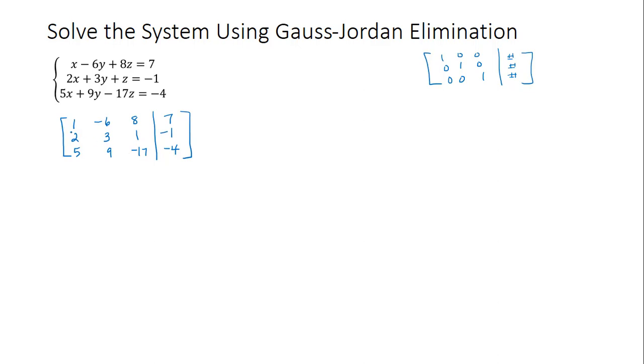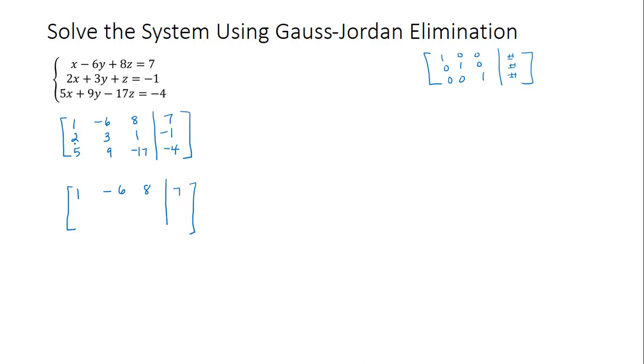We have a 1 in the first position of the first row. That is done for us. Now we need to get zeros below that. And we're going to do that by adding multiples of row 1 to rows 2 and 3. So I'm going to rewrite this by keeping row 1 the same: 1, negative 6, 8, and 7.